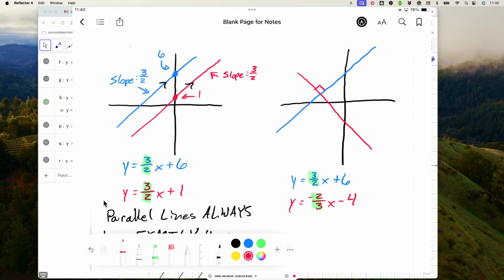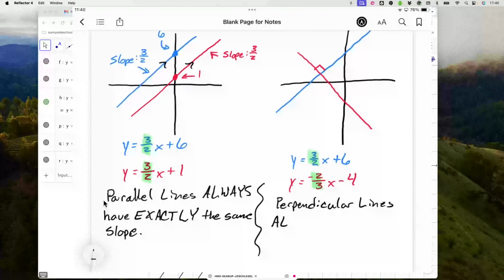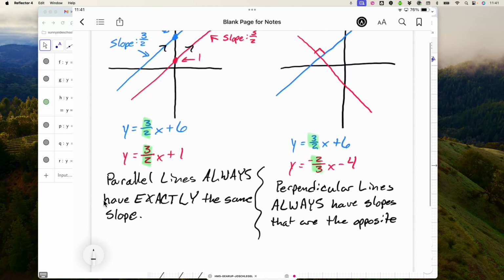So perpendicular lines, one thing that we can take from this: perpendicular lines always have slopes that are the opposite reciprocal.